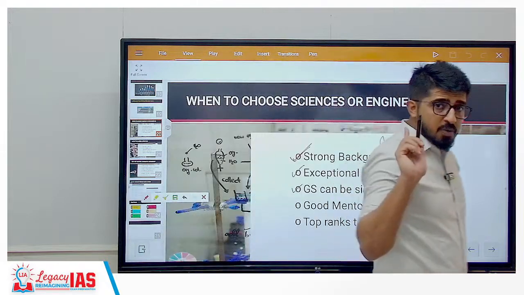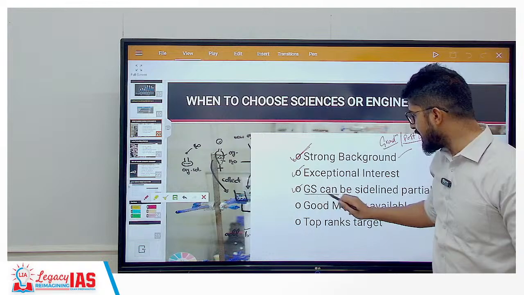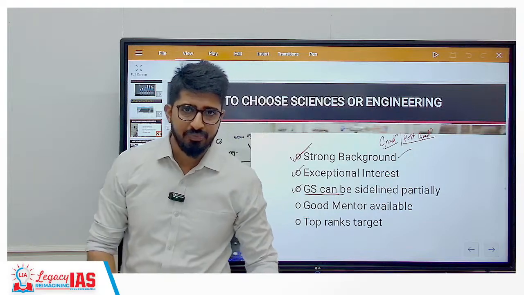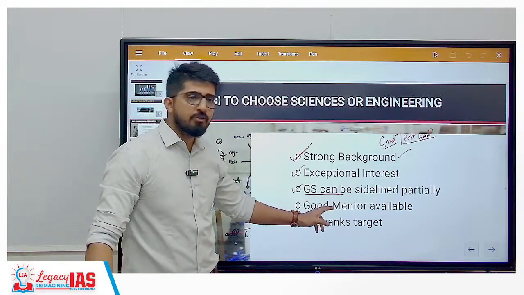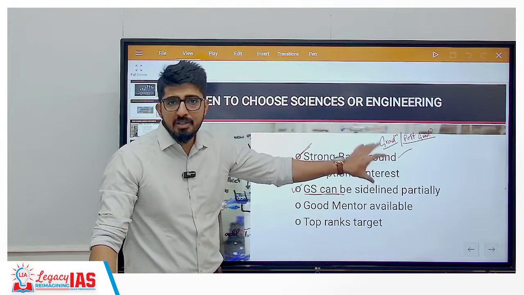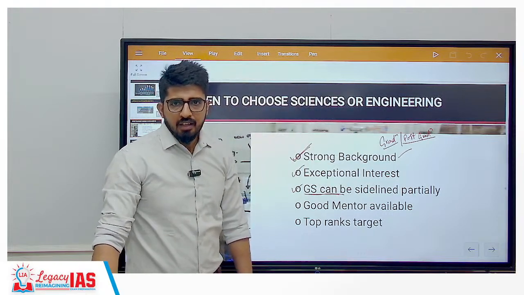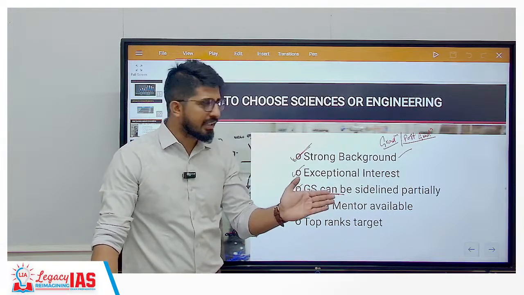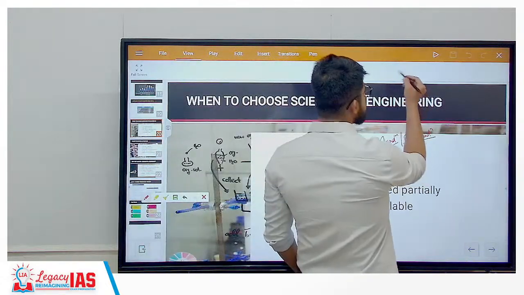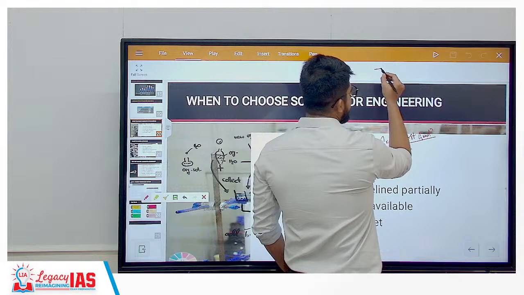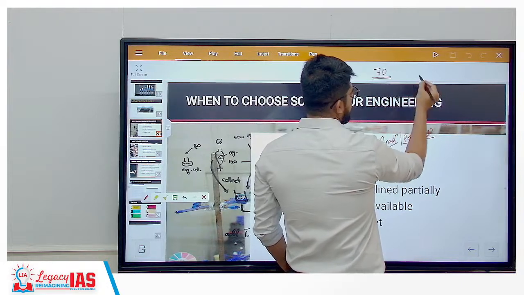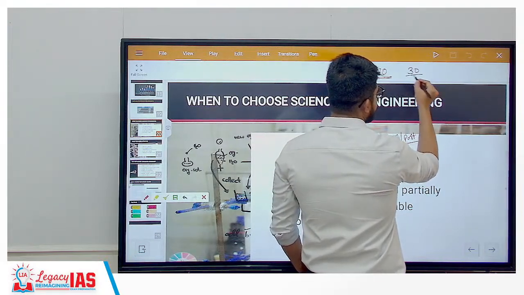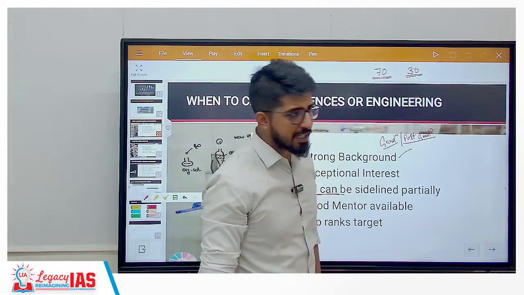If you are choosing this as an optional, instead of saying GS can be sidelined, I say that you must sideline GS to an extent. Why? Because the amount of time required for studying a sciences or engineering subject is relatively higher. Let's say, for example, when you are studying a normal optional subject, that is humanities, the split of time and energy is 70-30.